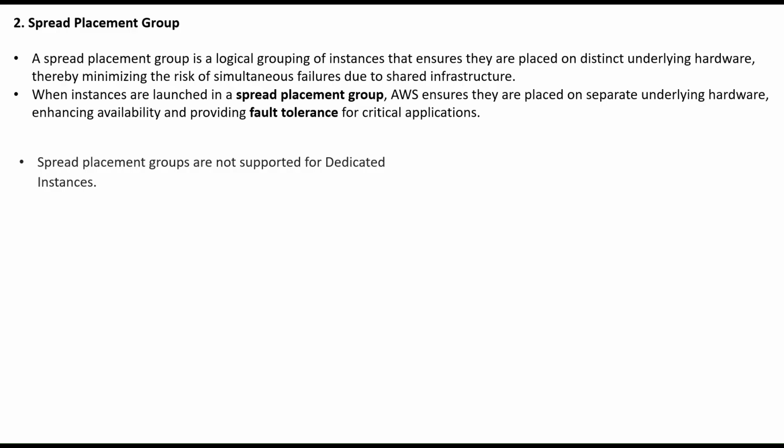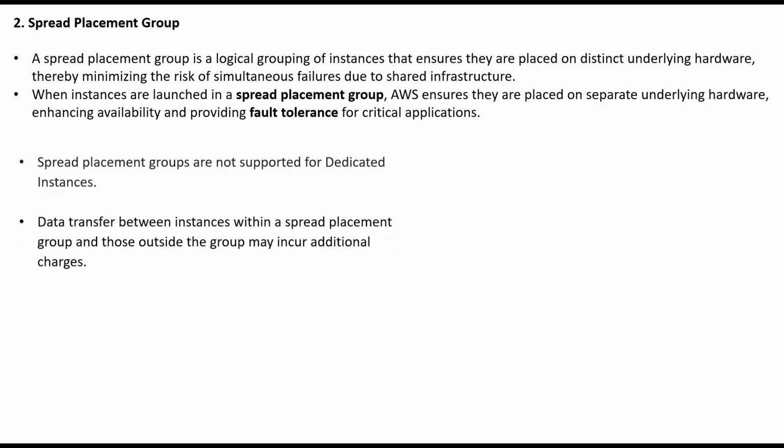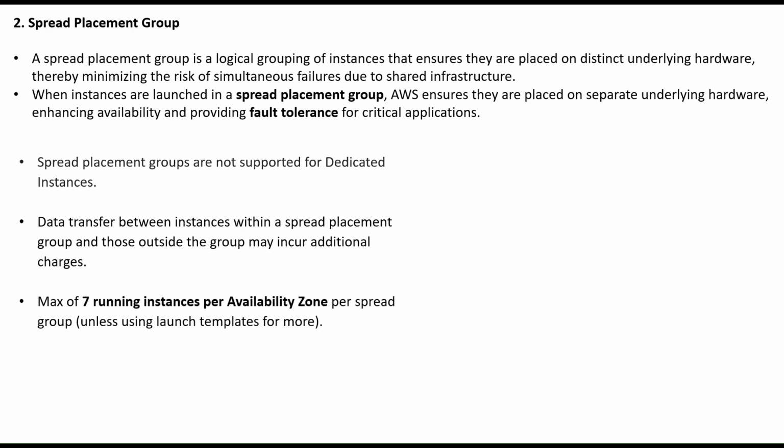The spread placement groups are not supported for dedicated instances. So that is one disadvantage. And data transfer between instances within the spread placement group and those outside the group may incur additional charges. In the spread placement group, the maximum is 7 instances per availability zone.